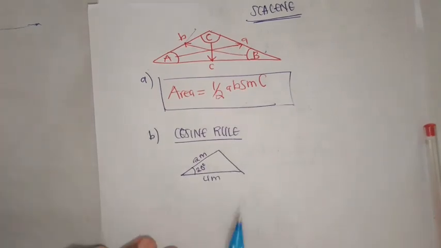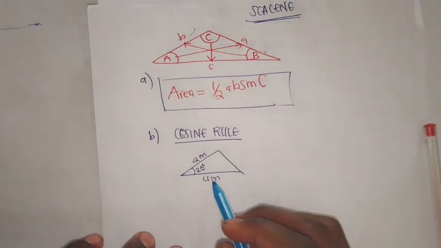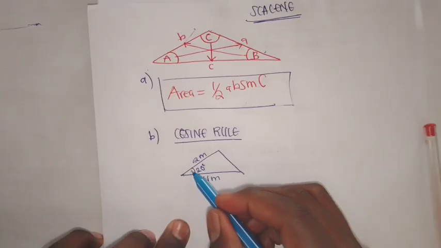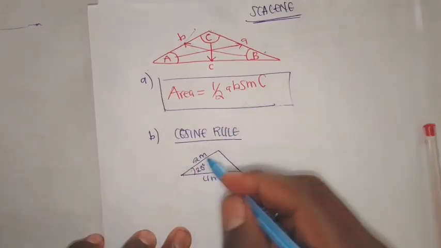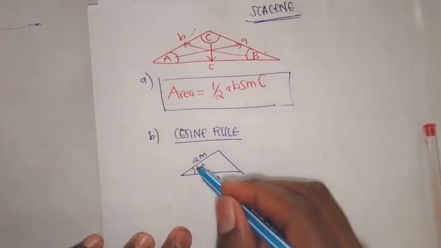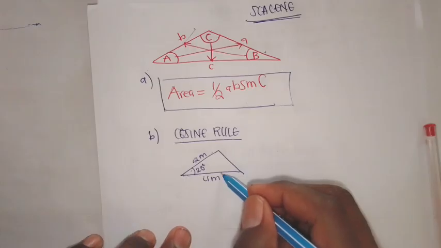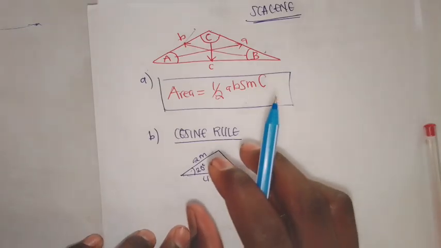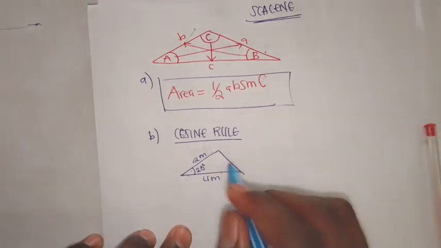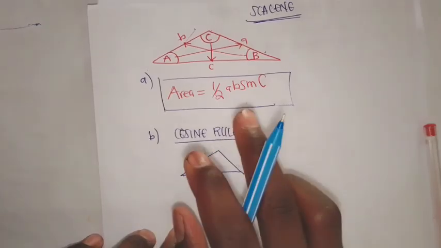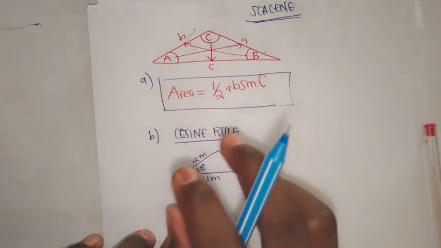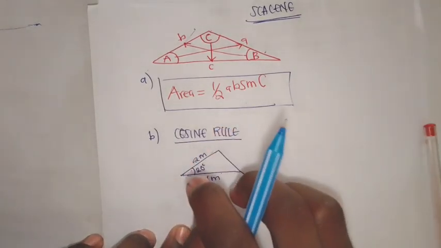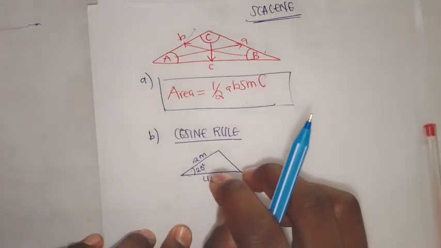Why? Because you've been given two lengths, this one and this one, and apart from those two lengths you've also been given the angle between, take note, between those same two lengths you've been given.